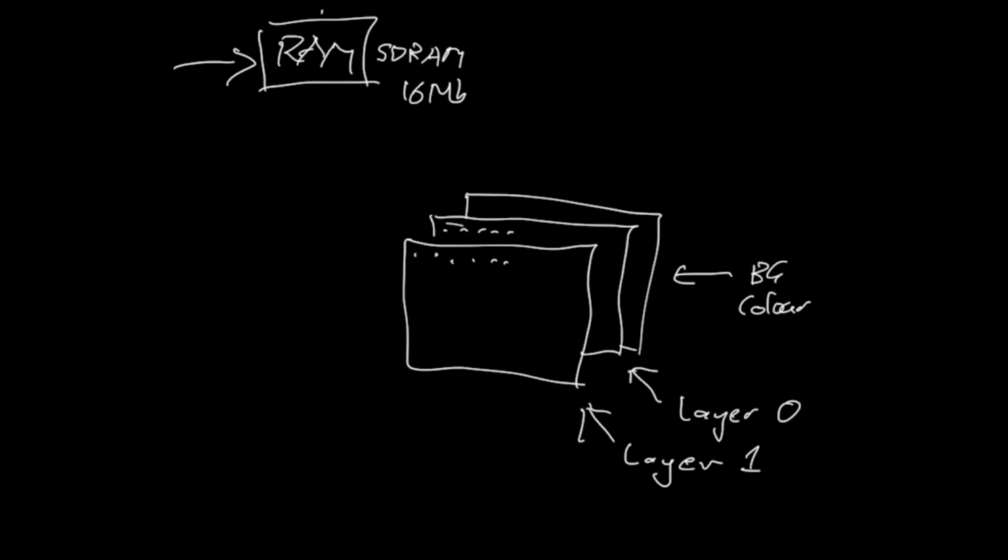Now, one of the reasons why I like to use that approach is that when I'm doing user interfaces, if I'm going with elements of the screen that are fairly static, so aren't changing regularly, I'll typically have those being drawn to layer 0. And then anything that is changing per frame, or that is likely to be updated for each frame that we're rendering, I'll draw those ones to layer 1.